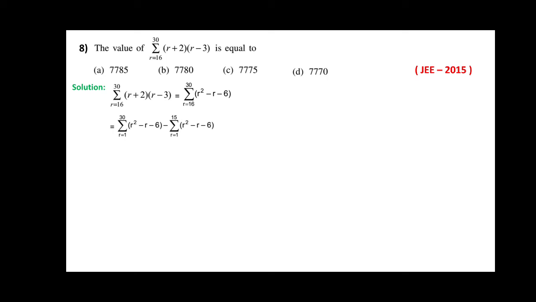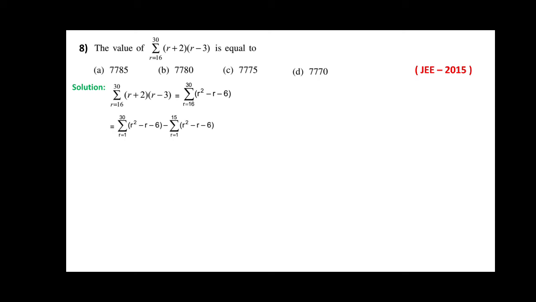Therefore, we can write this as summation from R is equal to 1 to 30 of R square minus R minus 6, minus summation from R is equal to 1 to 15 of R square minus R minus 6. We have already discussed this in the part on sum to n terms of special series.